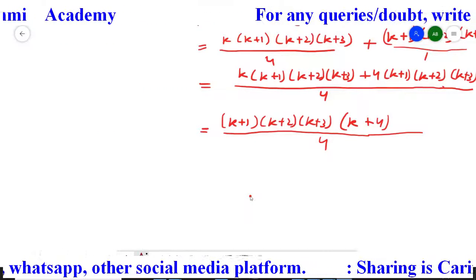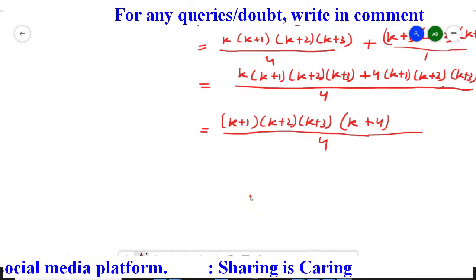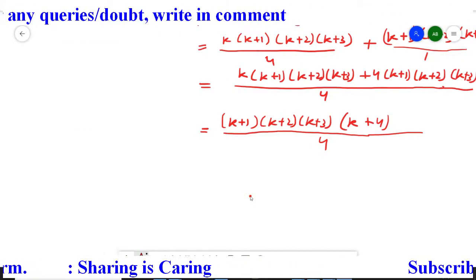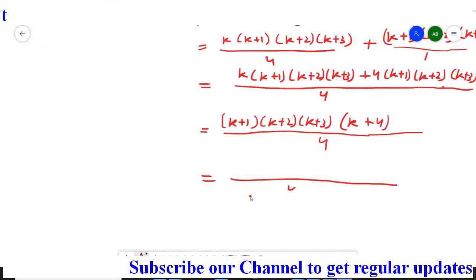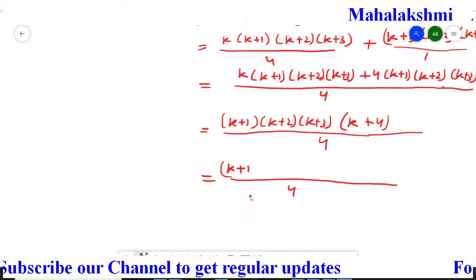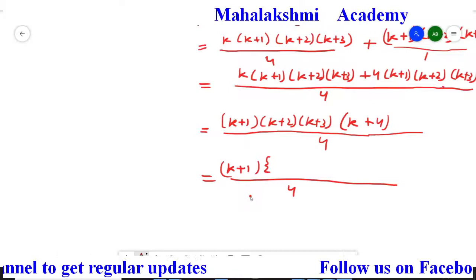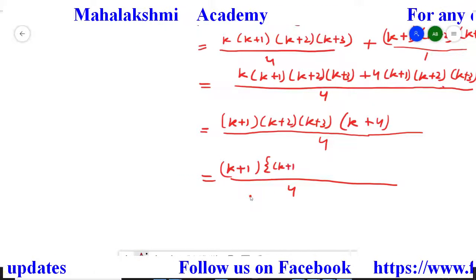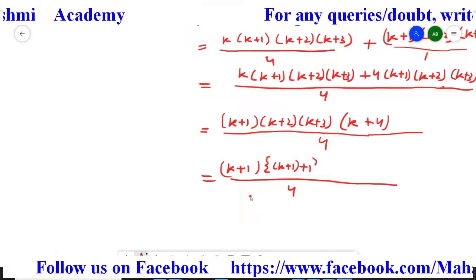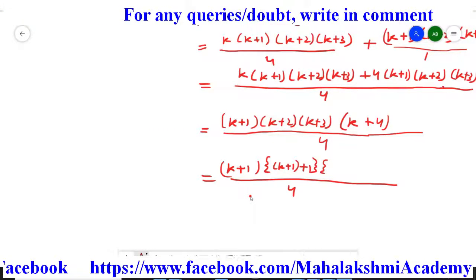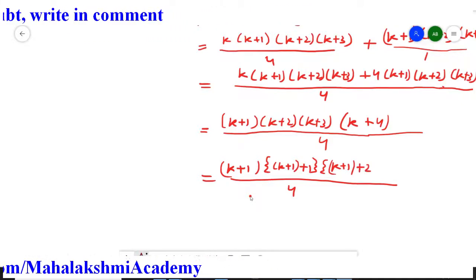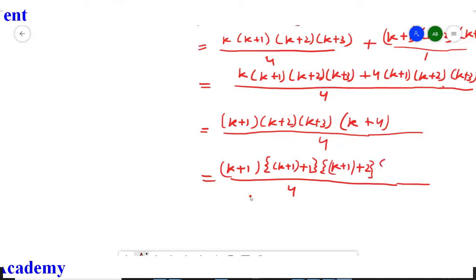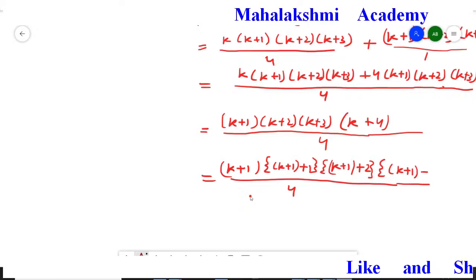Now, I think whatever we wanted we have achieved here, because students, we can write this complete statement in another form, you see how I am changing it. This one is k plus 1 as it is, and this one we are going to write as k plus 1 plus 1, and this one I am going to write as k plus 1 plus 2, and this 4 we are going to write as k plus 1 plus 3.